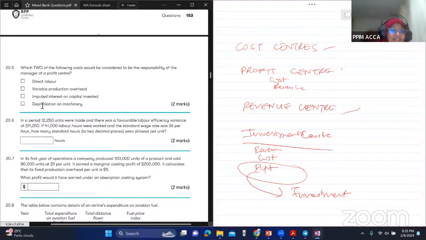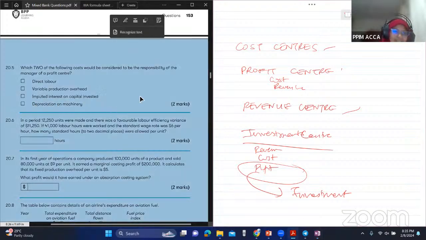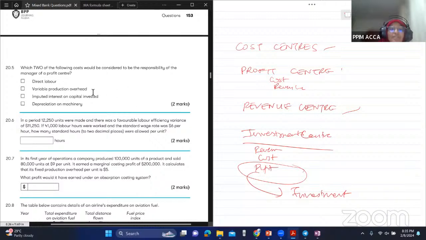So definitely any depreciation is also not his responsibility. Okay. So what is the responsibility of a profit center? The cost and the revenue. In this case, there is no example of a revenue. So the 2 costs will be the only 2 areas that he has to be responsible for.